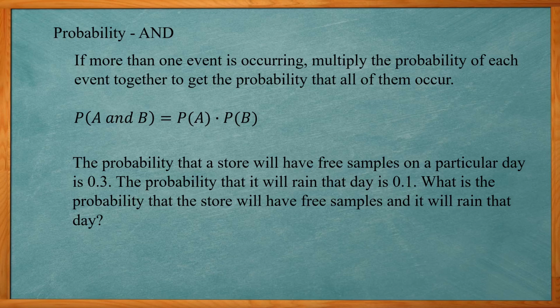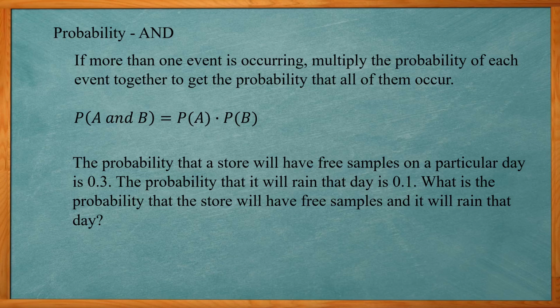So for example, the probability that a store will have free samples on a particular day is 0.3. The probability that it will rain that day is 0.1. What is the probability that the store will have free samples and it will rain that day? Okay, so we have two events. We can say event A is the store having free samples, and event B is it going to rain that day.